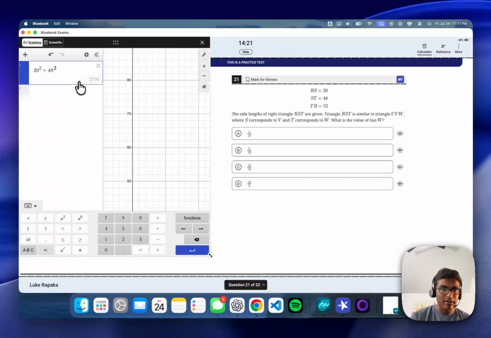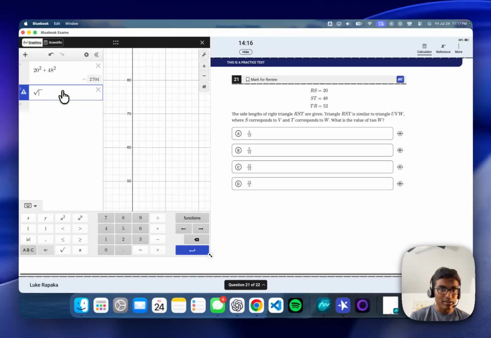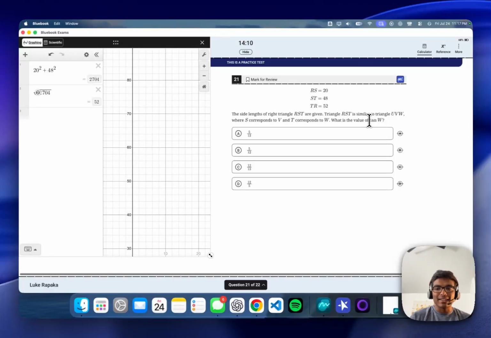So 48 squared, same thing as that. Square root of 2704. Right, so the first thing you do, just right off the bat, they're telling us to use tangent. That means this has to be a right triangle because these properties only work for right triangles, unless you're doing law of cosines or law of sines or whatever. But generally, if you're working with SOHCAHTOA, then it's got to be a right triangle.